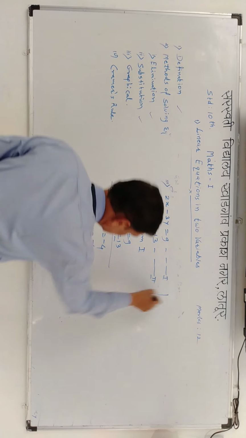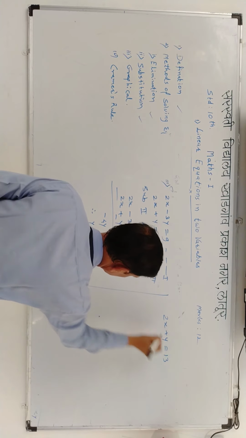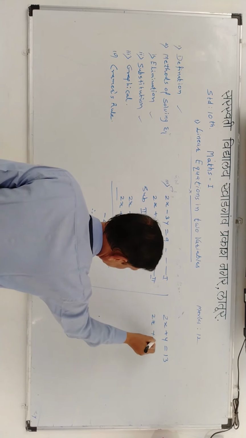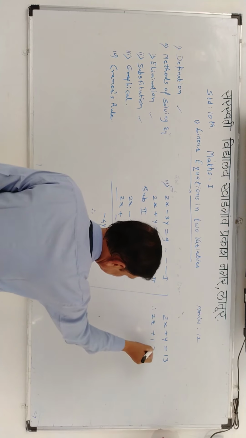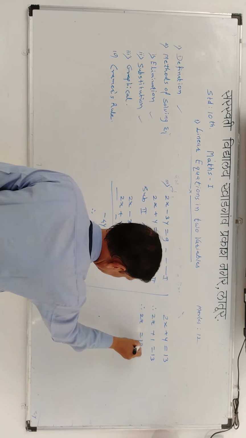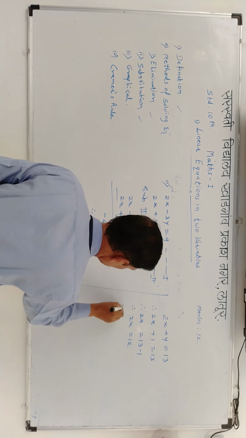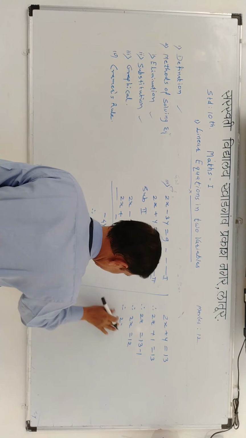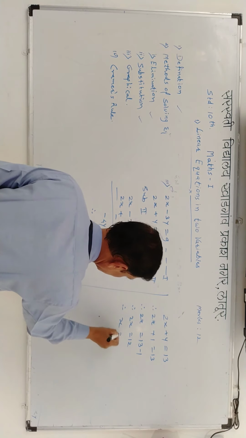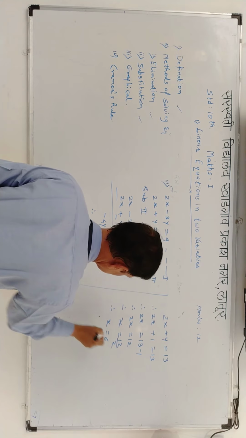Then we get 2x plus y is equal to 13. 2x plus 1 is equal to 13. 2x is equal to 13 minus 1. Therefore 2x is equal to 12. Therefore x is equal to 12 divided by 2. x is equal to 6.